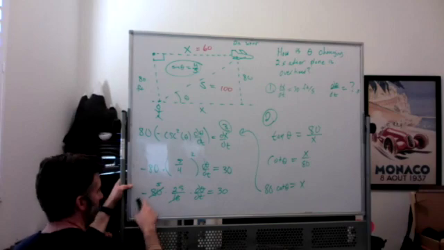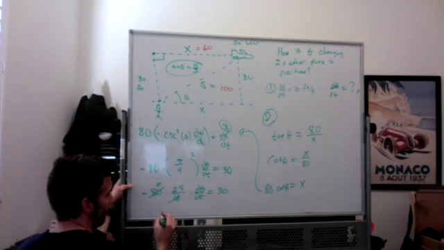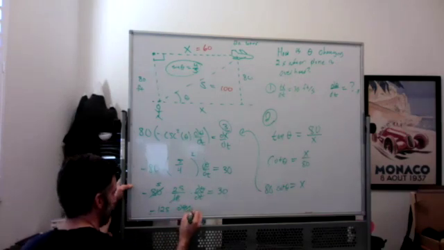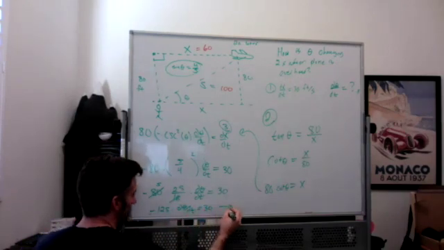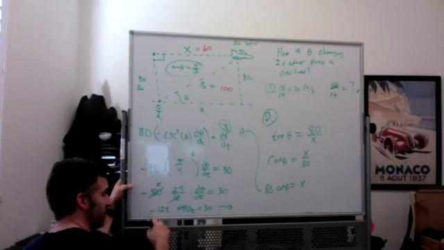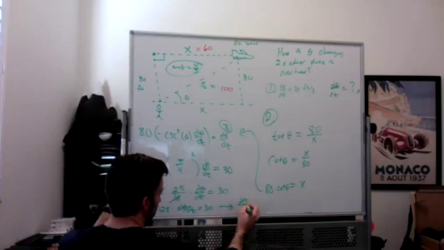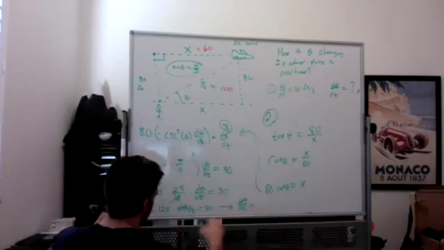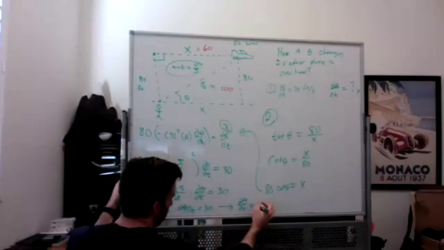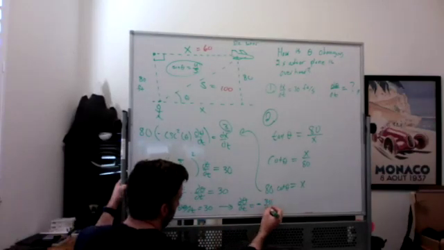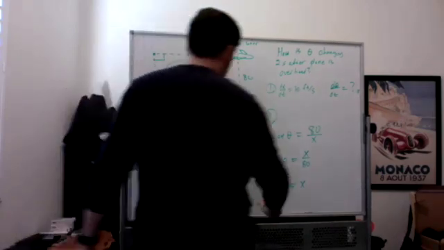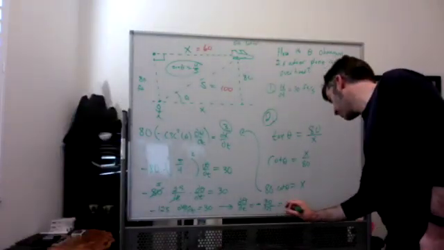So you've got negative 5 times 25, which is negative 125. So negative 125 times d theta dt equals 30. And dividing by negative 125, you get d theta dt equals 30 over negative 125, or negative 30 over 125, which could reduce to negative 6 over 25.